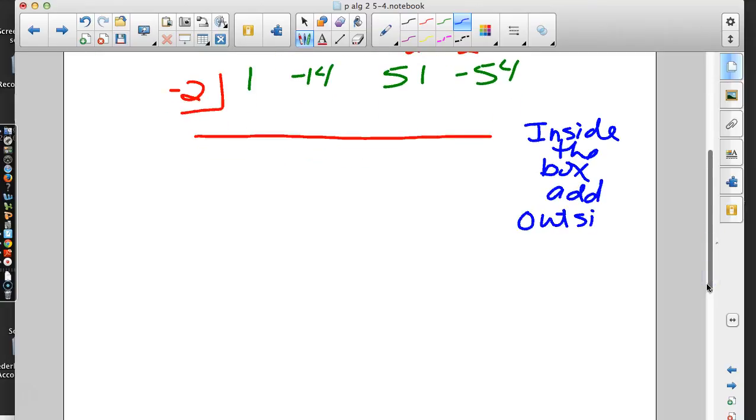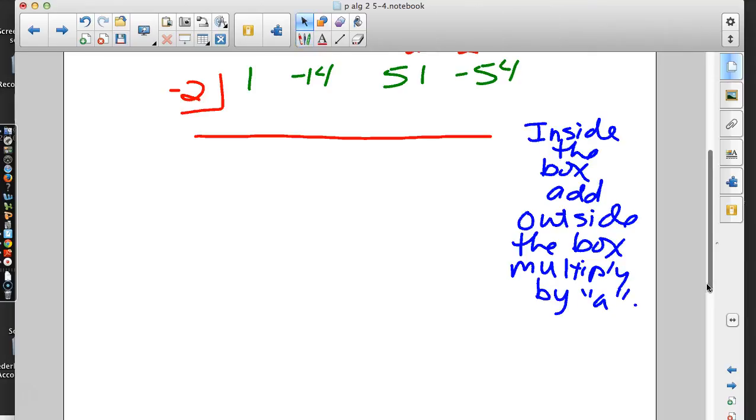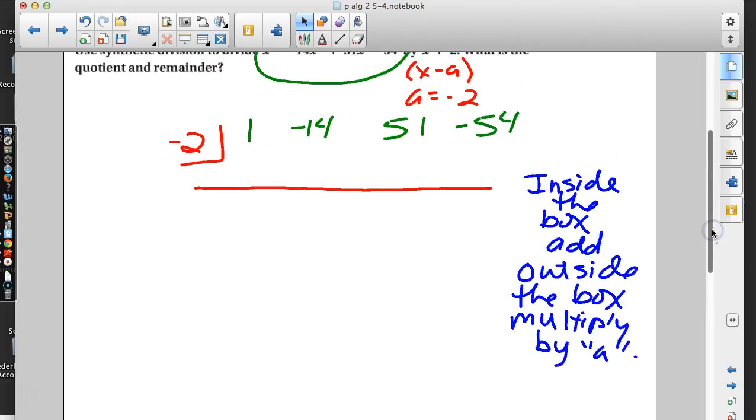Outside the box, multiply by a. And this always alternates. So we're going to go inside the box, then outside the box, then inside the box, then outside the box, then inside the box, and outside the box. So inside the box, add. Outside the box, multiply by a. This is the box, right here.